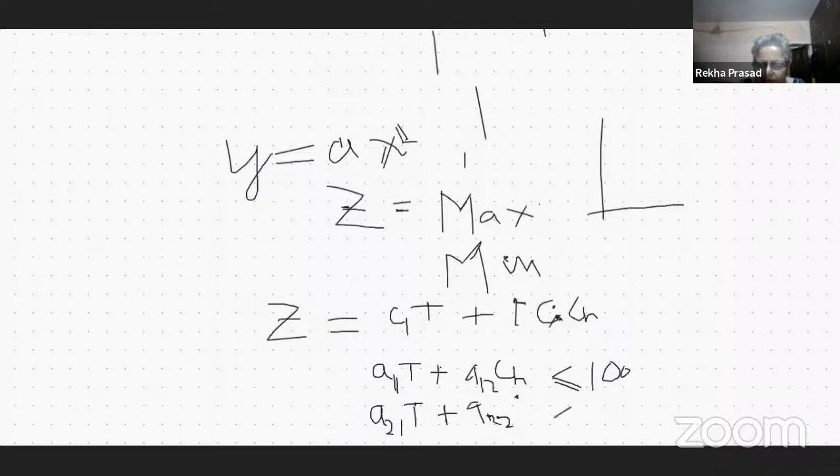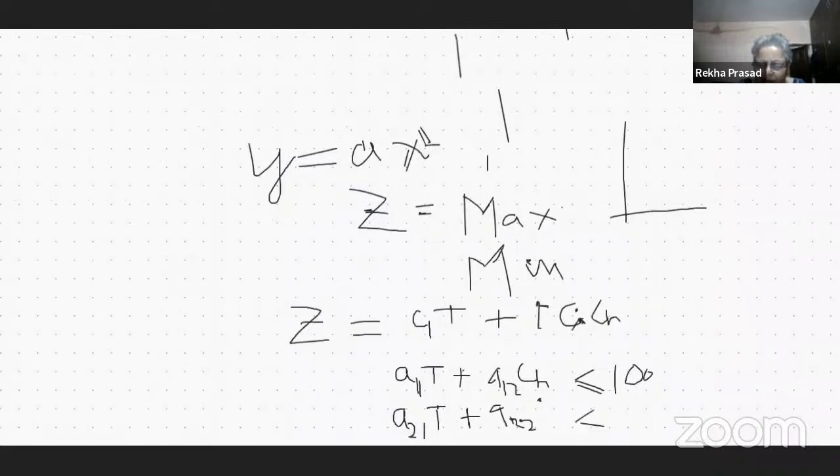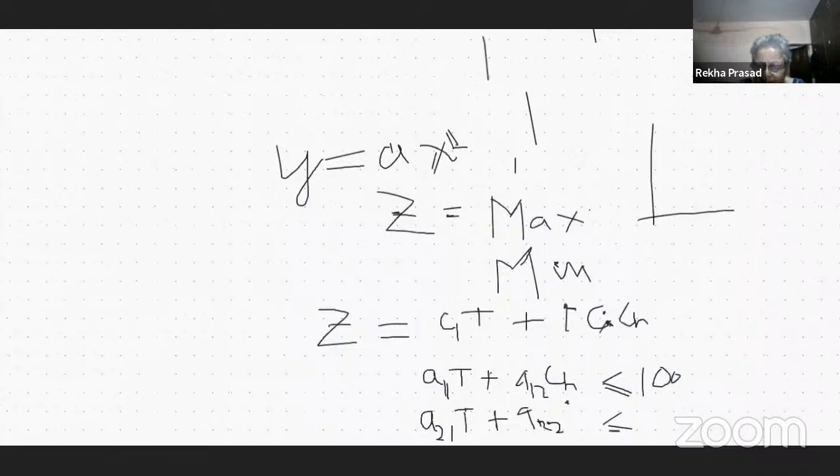And there is a constraint on the amount of man-hour available. Say that is something 80 or something hours. So under these constraints, you have to find out how many chairs and how many tables you are going to produce so that your profit is maximum.